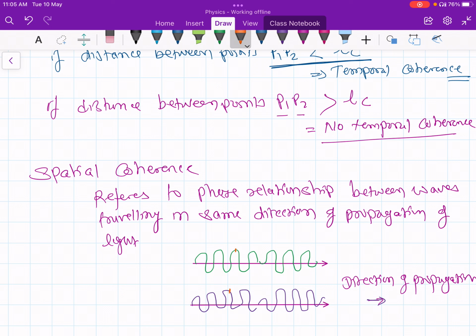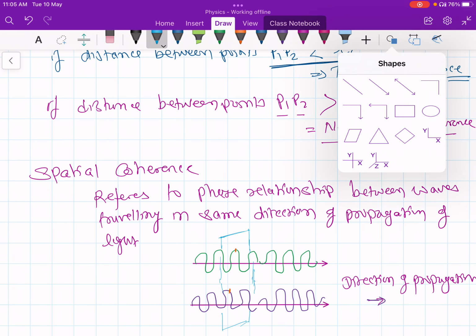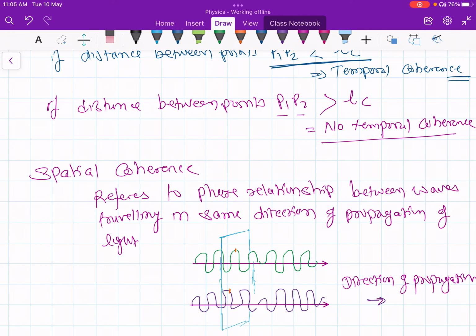This is in a plane which is perpendicular to the direction of propagation of the light. Now this plane is normal to the direction of propagation of the light, and in this plane I am considering any two fixed points. Let's say this point is P1 and this point is P2.